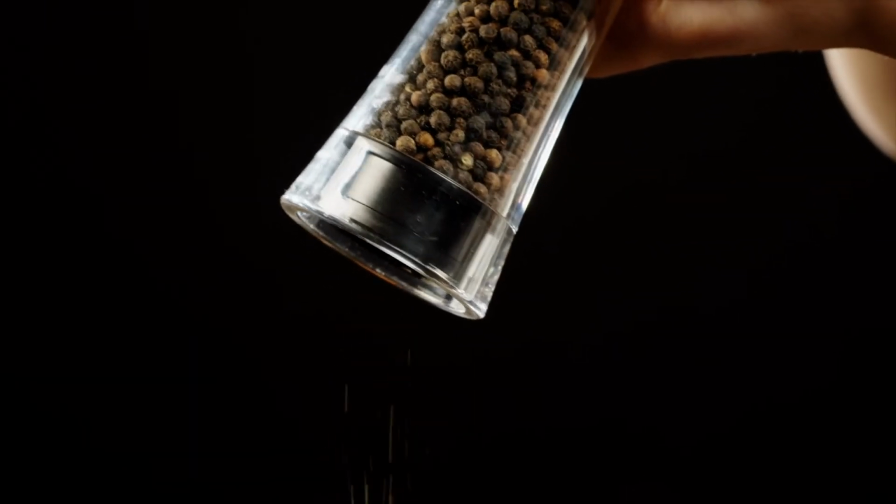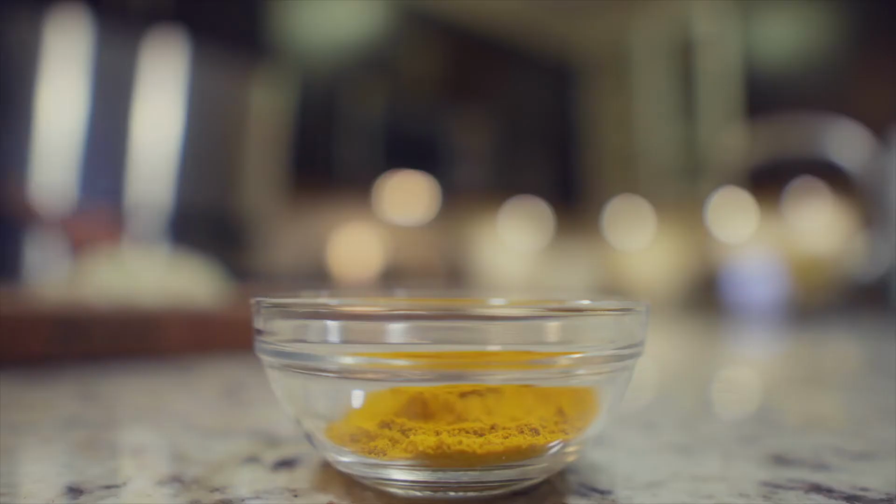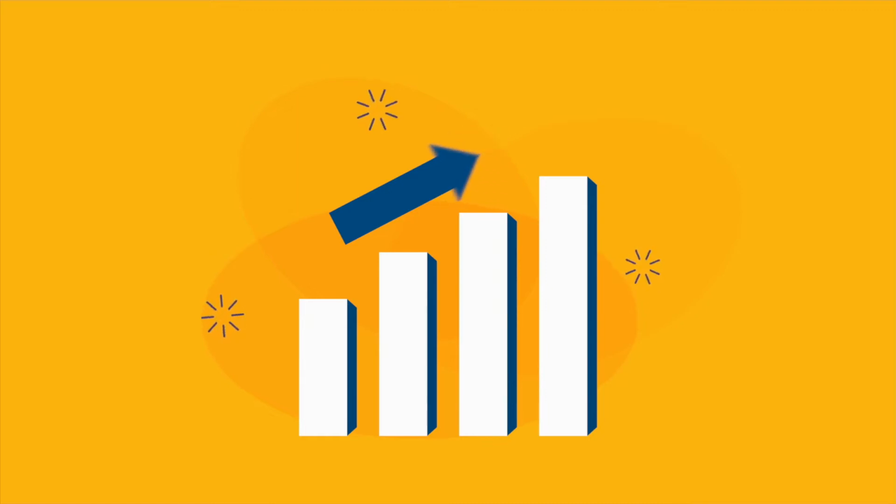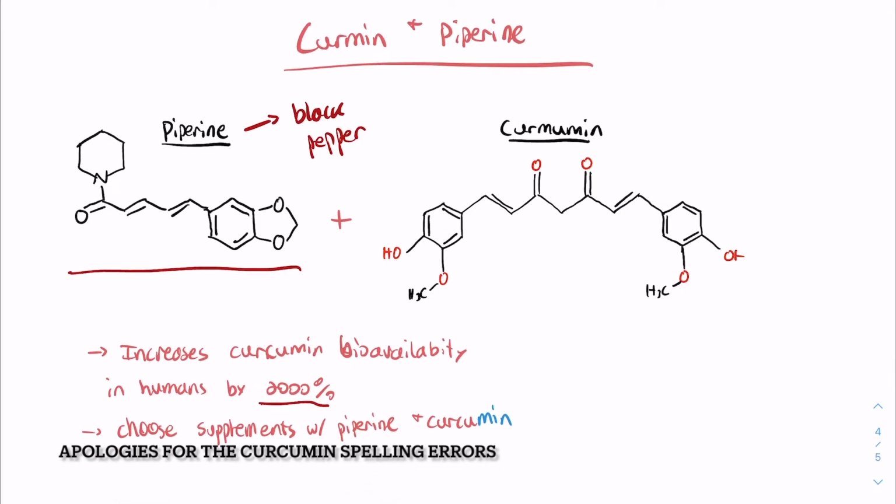If you combine piperine and curcumin, it increases the availability of curcumin by over 2,000%. It increases this thing called the bioavailability. Think bio like biology, and availability like available. It makes curcumin much more available to your body.